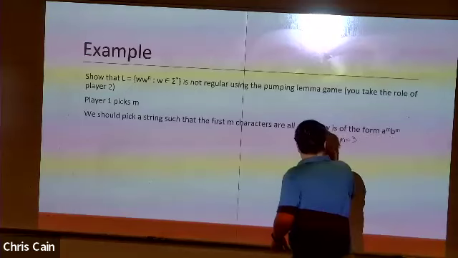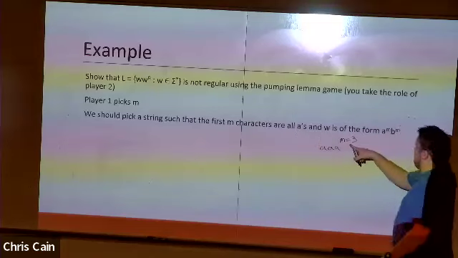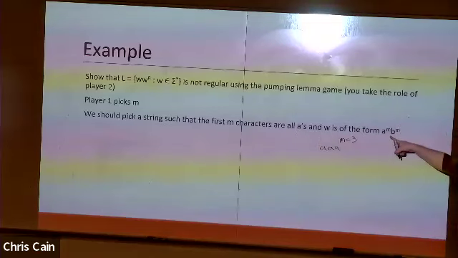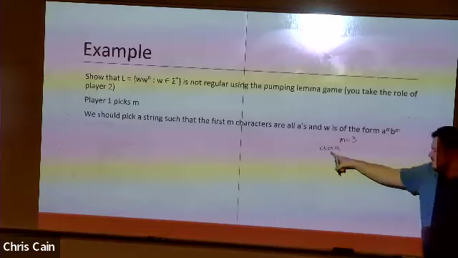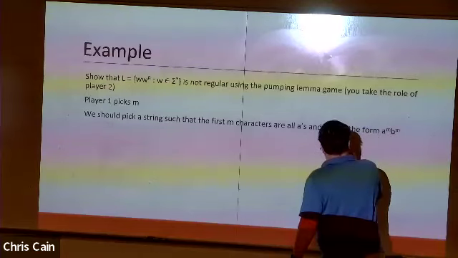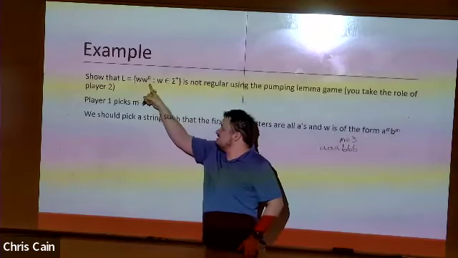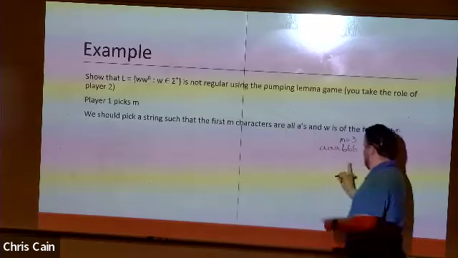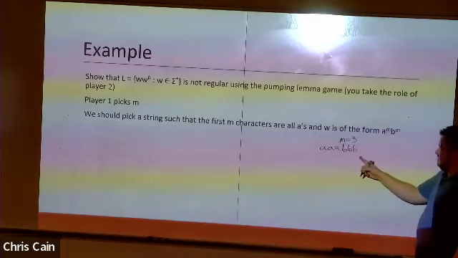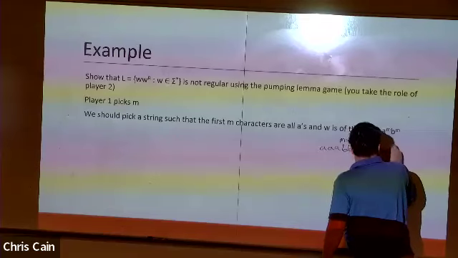It is A, because we picked M as 3, so we're going to pick something with the form A to the M, B to the M. So we want 3 A's followed by 3 B's. And that is W. What follows is W reversed, that same string in reverse. So we're going to start reversing this, B, A.